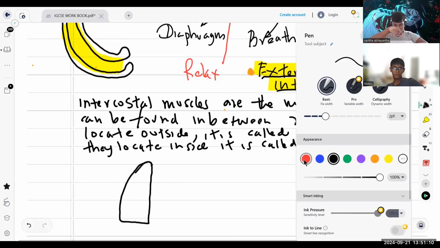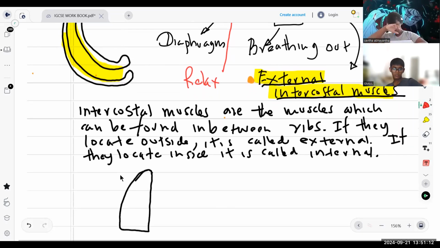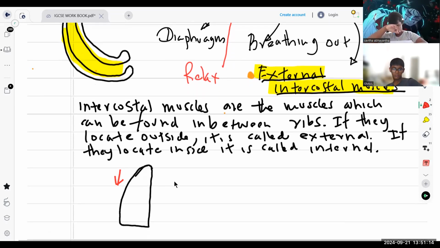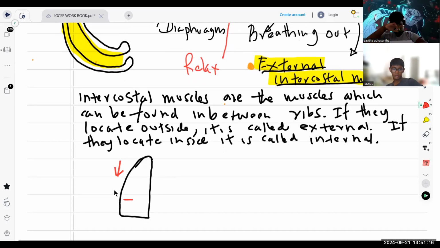Is it going downward? And is it going inward? Yes. Now you can try. If you breathe out, the chest wall is going downward and inward. Right? Downward and inward.